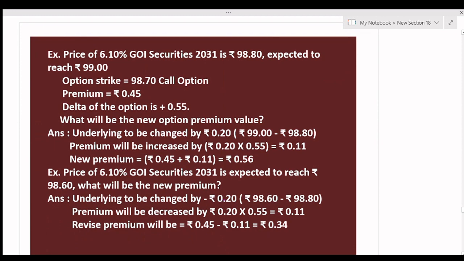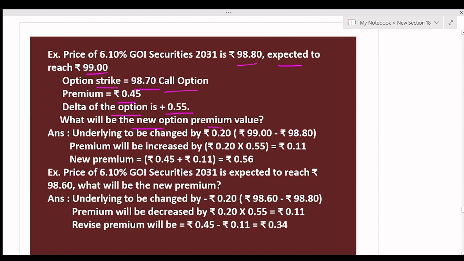Price of 6.10 GOI, Government of India Securities 2031, is rupees 98.80, expected to reach rupees 99. Option strike 98.70 call option. Premium is 0.45. Delta of the option is 0.55. What will be the new option premium value?